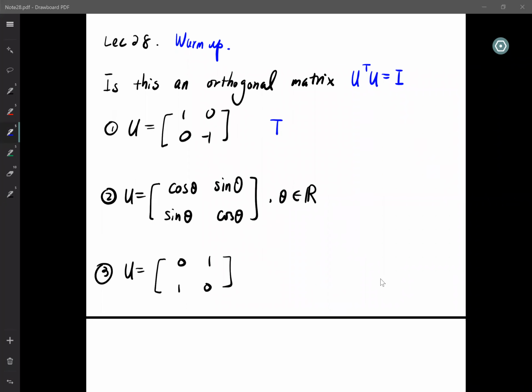The second one, if you're not sure, just compute this 2 by 2 matrix.